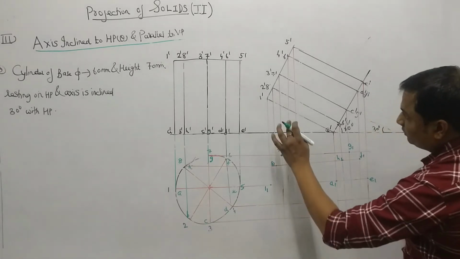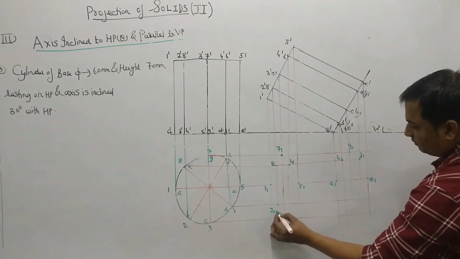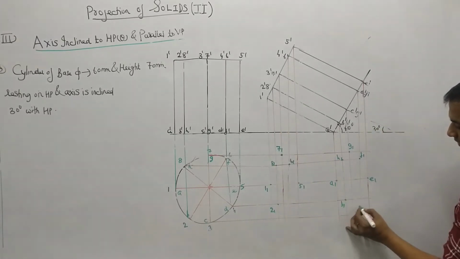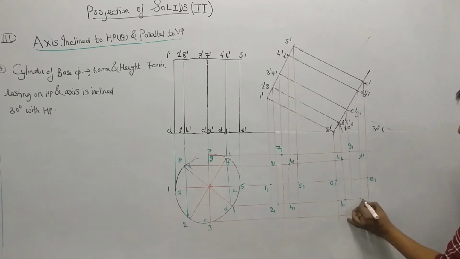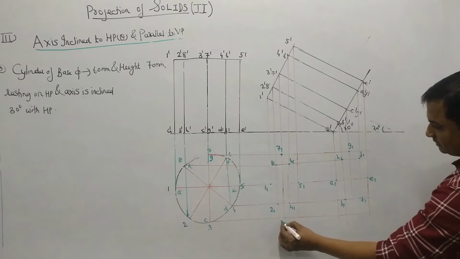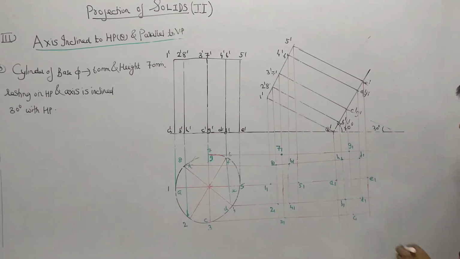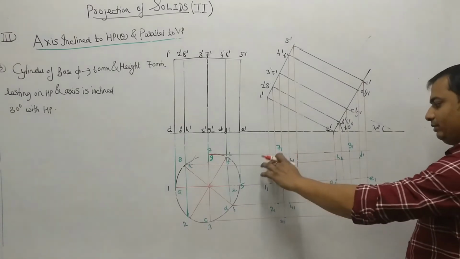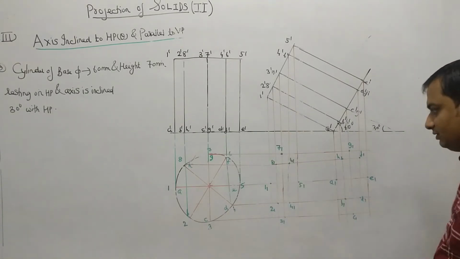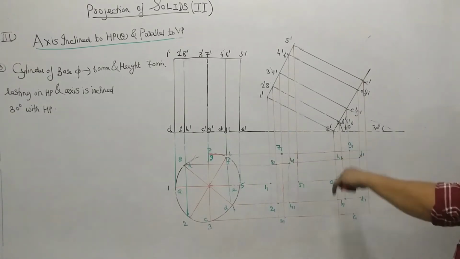So again, 2 horizontal, 2 vertical, I will be getting 2 1 here, and this is B1 also here, and 4, I will be getting 4 1, and I will be getting D1, this is 3 1, and this is C1. Okay, so I will be getting again 1 to 8 here, with 8 points on the left side, and alphabets A to H on the right side.